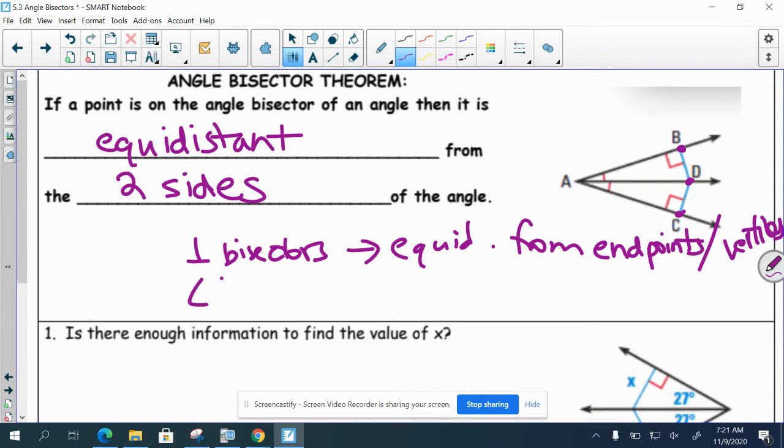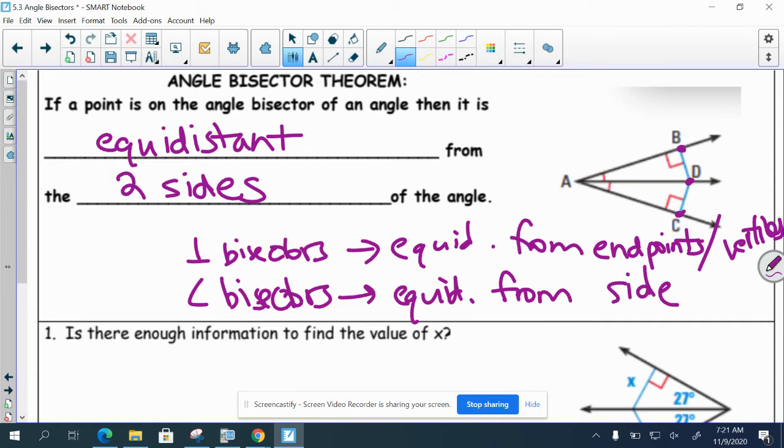But for angle bisectors, it's equidistant from the sides. And then those sides would have to be at a right angle. Okay, so I don't want you to get confused when you see segments that are equidistant from the sides and marked with a right angle symbol and a perpendicular bisector.